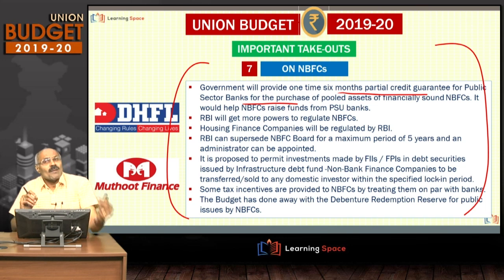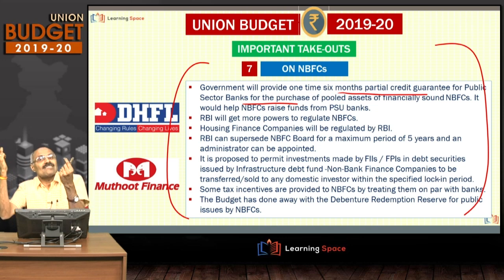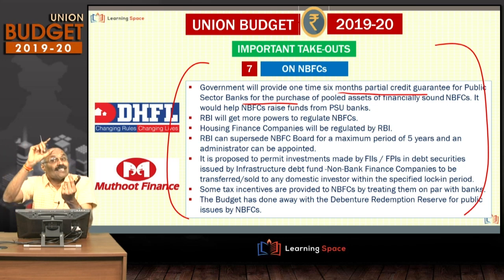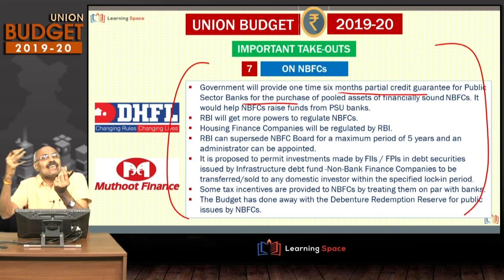That means if the public sector banks purchase assets of NBFCs, NBFCs have given loans, and if those loans are taken over by banks for 6 months period, the government will give certain guarantee if there is loss. That means it facilitates liquidity into the NBFCs. That means public sector banks will take over the assets of NBFCs.